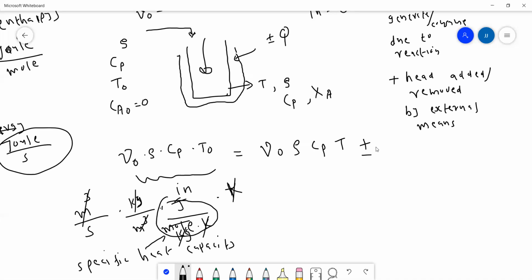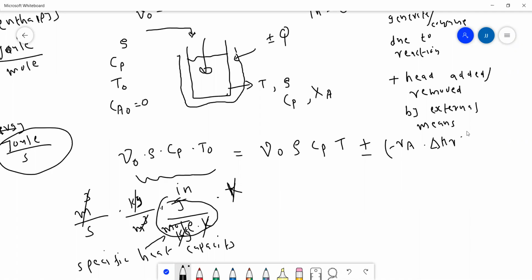So for the exothermic or endothermic case, we have minus Ra, the rate of reaction, into delta HR, the heat of reaction, and into V, the reactor volume.